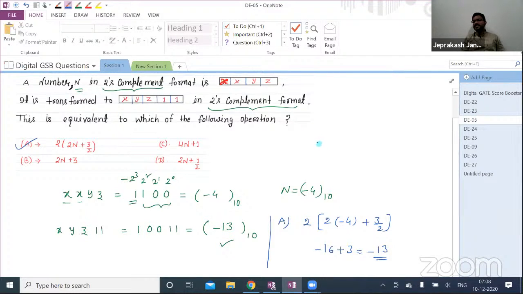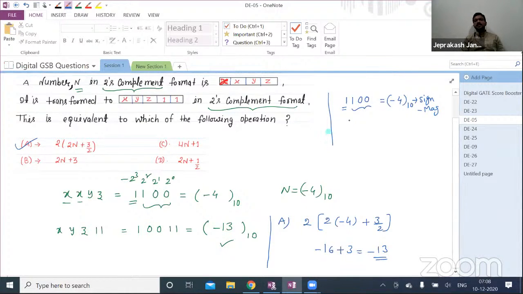Not minus 8. See, 1100, if it is the sign magnitude case, this bit is the sign bit, remaining bits give the magnitude. So that means minus 4. Minus 4 in the sign magnitude case.